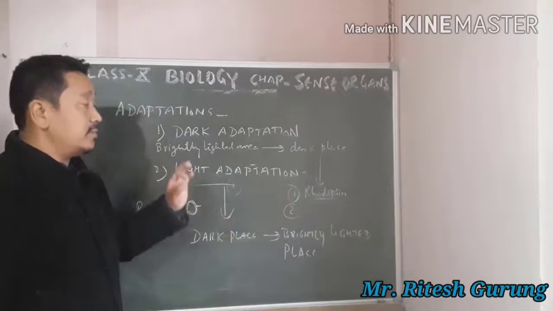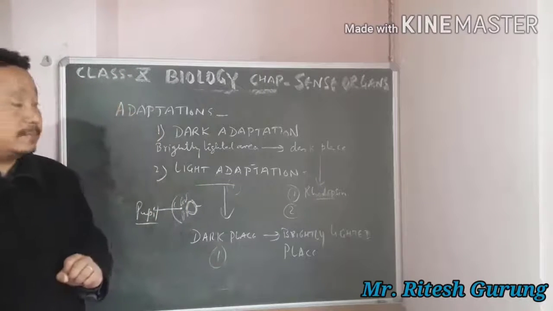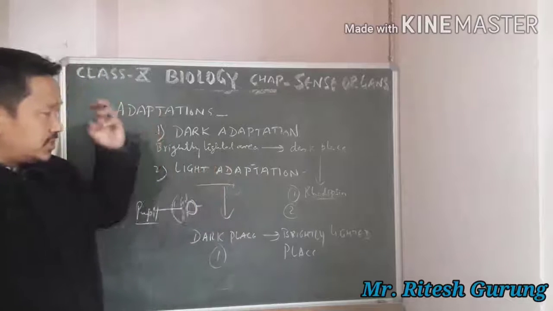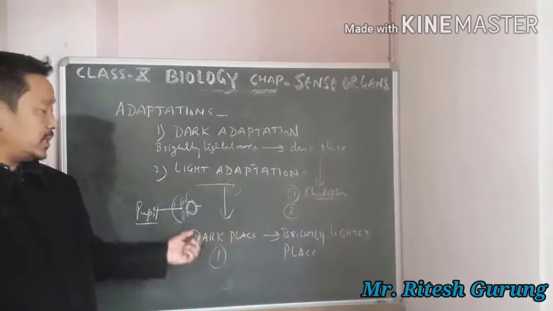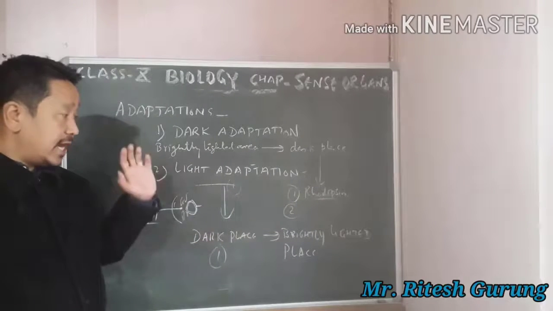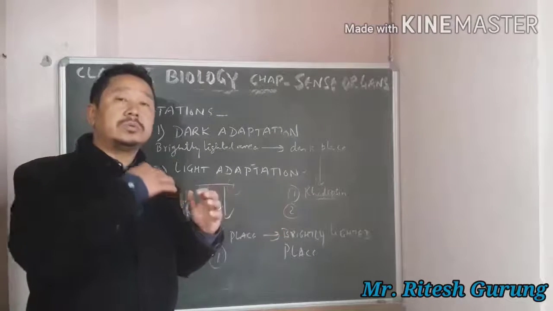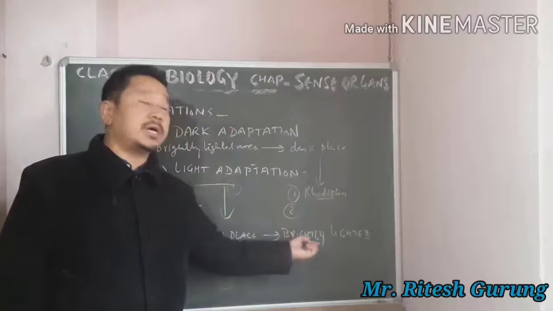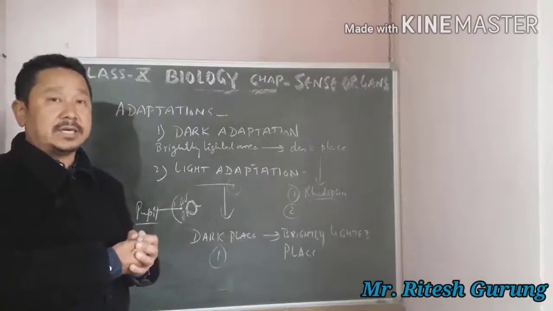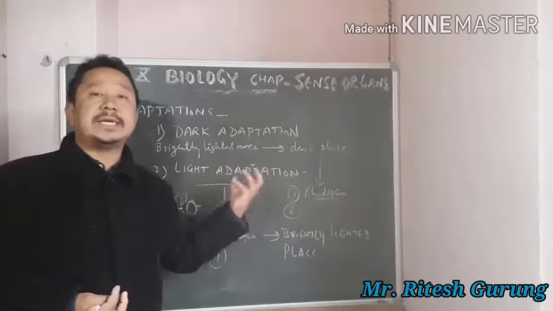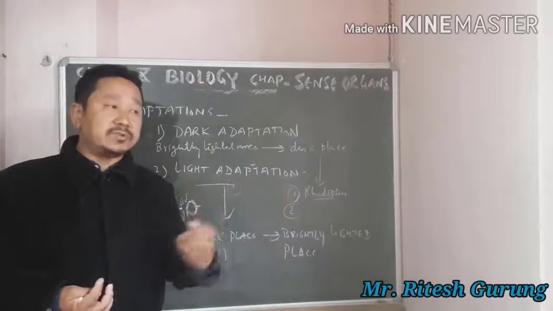This also takes place by the same two points, because of 2 reasons again. What is that? These rhodopsins, which were functioning in the dark place, now get bleached when you suddenly come out to the brightly lighted area, and lose their sensitivity, because these rhodopsins are not sensitive to bright light.